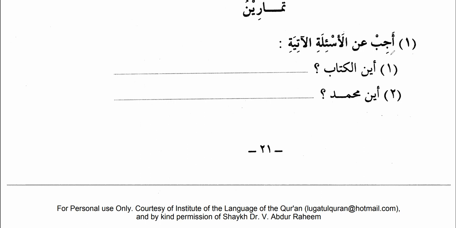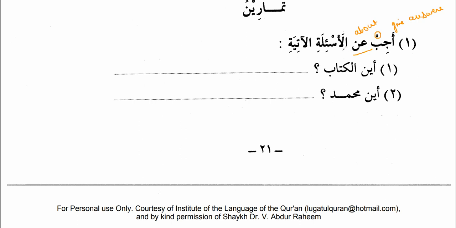Ajib means to give an answer, and it is a command. Give answer. An is about. Actually, it is also from the harf jarr, about. But every time it doesn't mean the meaning changes. Sometimes the meaning changes.